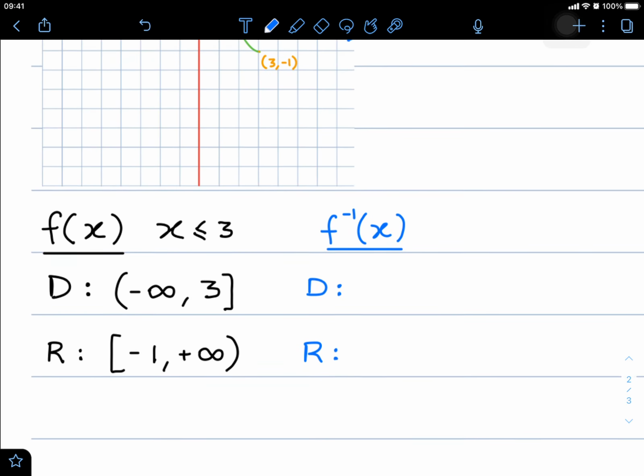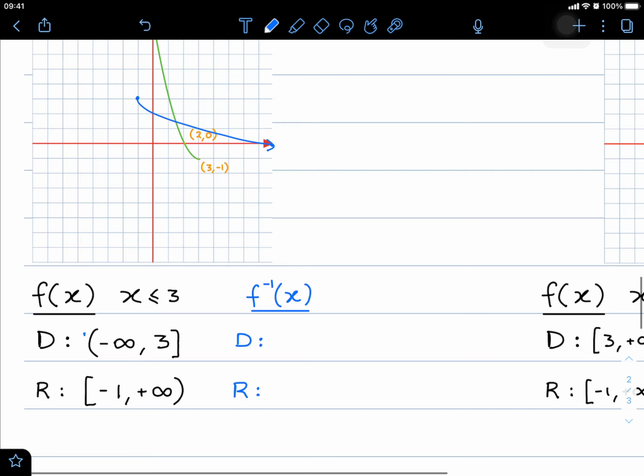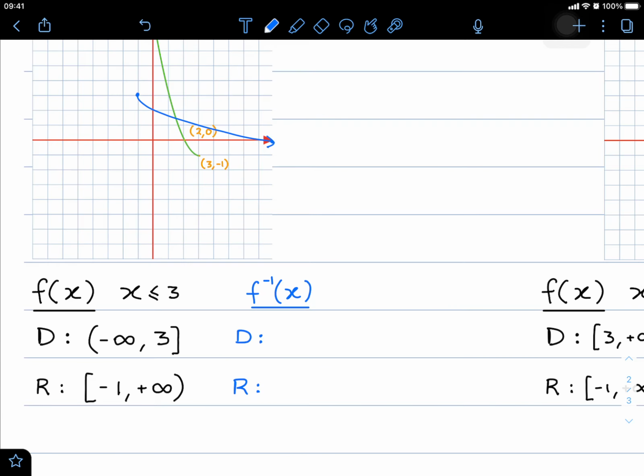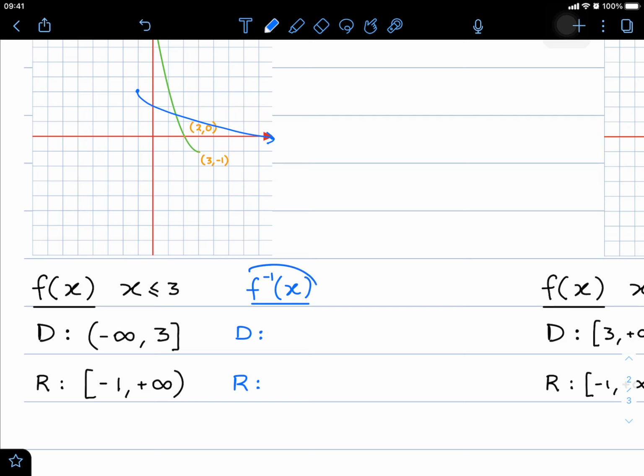Okay, so let's pick this first. If you took a look here, since this is now a function, we can follow the rule that the domain of the inverse was the range of its function.